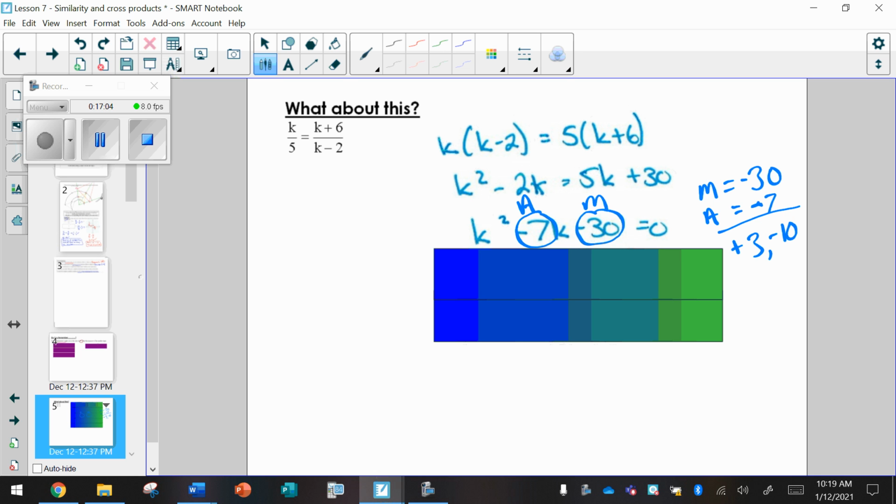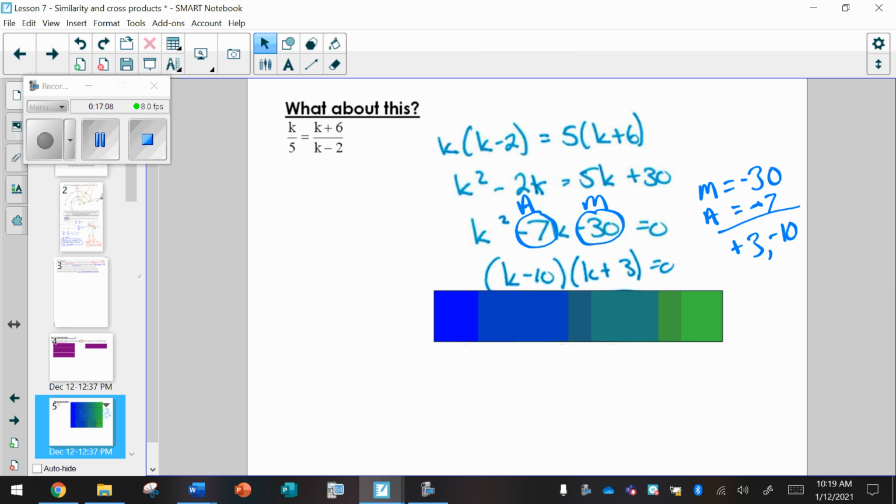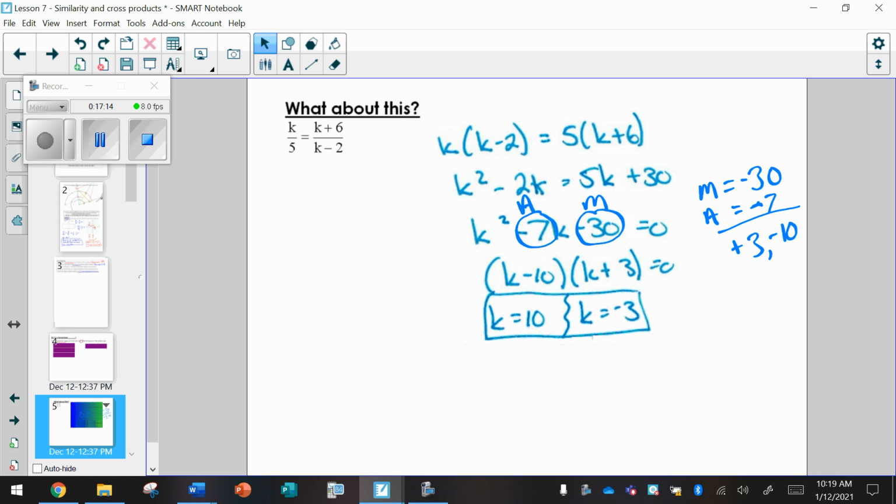Once you have your values there, then you know your factors. And if you had Mrs. Reese, you'll know to do squiggle McWiggle, which means you will set each factor equal to 0 and solve for your two possible answers. This was not a geometric setting, so both answers are totally fine to use in our final answer. So k is equal to 10 or k is equal to negative 3. That means there are two values of k that make this original proportion true.